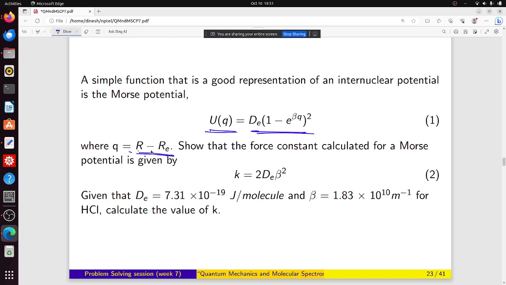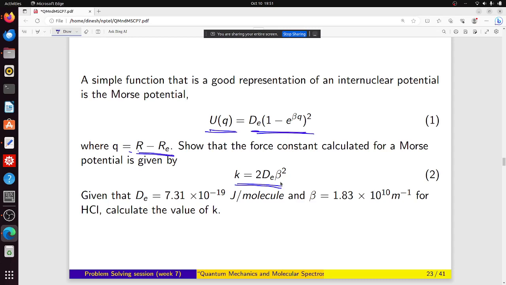This is length, so the force constant calculated for the Morse potential is given by 2 De β squared, and De value is given and β value is given. Then we have to calculate this force constant k.